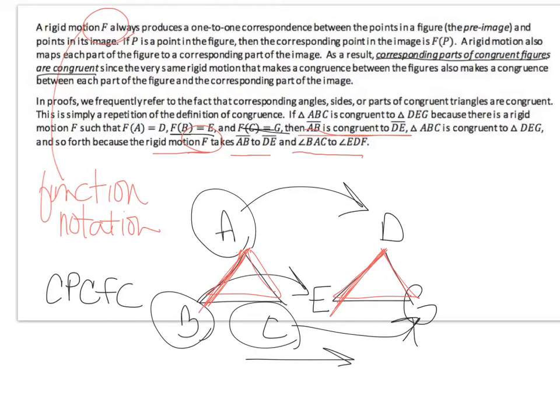Because triangle ABC is congruent to triangle DEG, all of the segments are congruent to their corresponding segments, and the angles are congruent to the corresponding angles, etc. That's that CPCFC, corresponding parts of congruent figures are congruent.